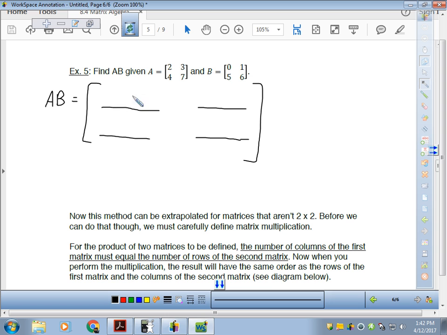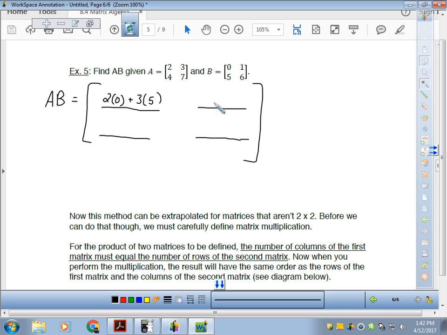So in this blank right here, this blank is in row 1 and column 1. So it's row 1, column 1. So I'm going to be taking row 1 of this matrix, which is 2, 3, and multiplying it by column 1 of this matrix, which is 0, 5. So I'll take 2 and multiply it by 0, plus 3 and multiply it by 5. So 2 times 0, 3 times 5.